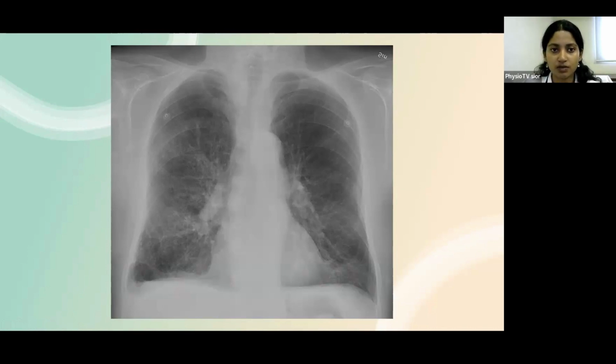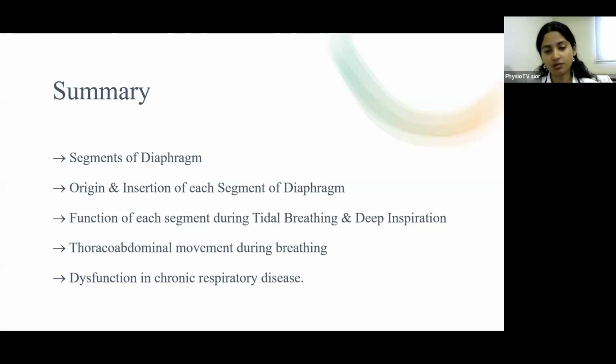Let's quickly summarize the segments of the diaphragm. We saw that there were two major segments of the diaphragm, the ventral segment and the dorsal segment. Dorsal segments are also known as costal fibers because they arise from the sternum, the lower six ribs, and the costal cartilages.